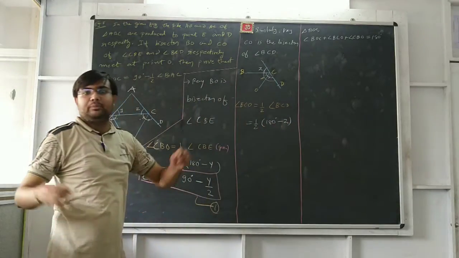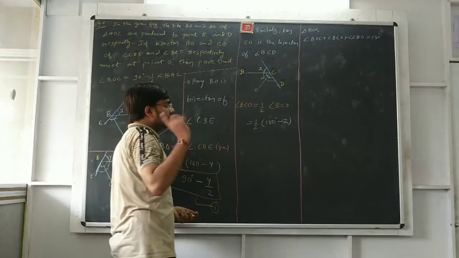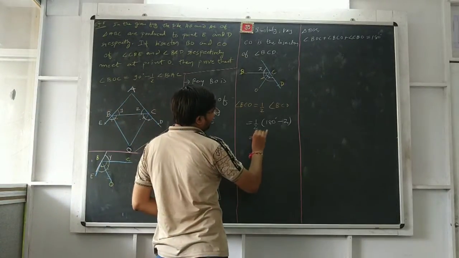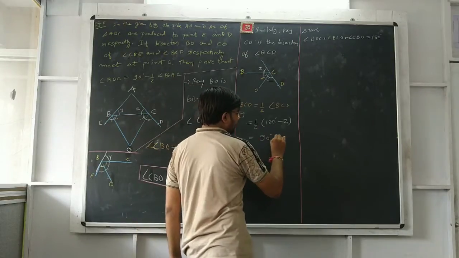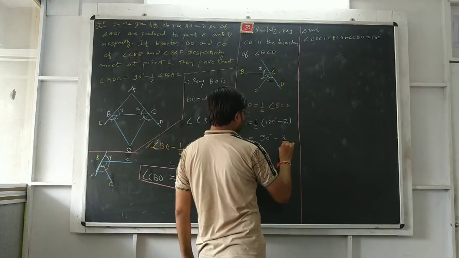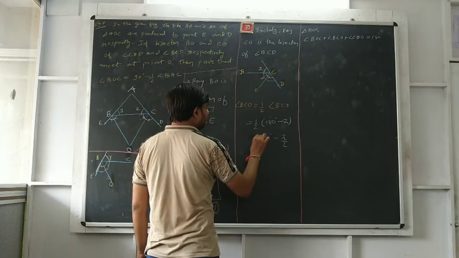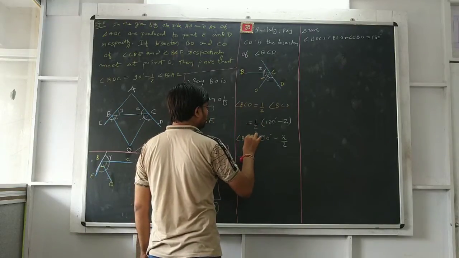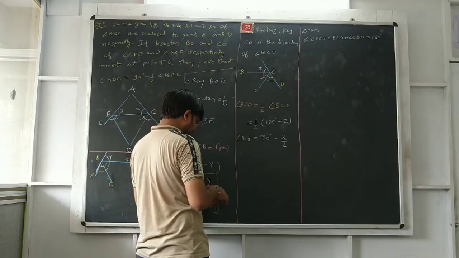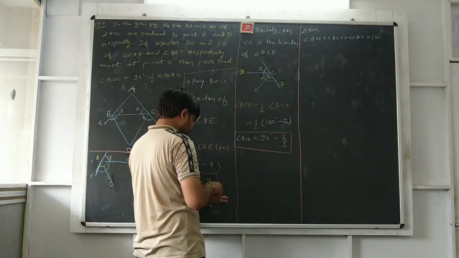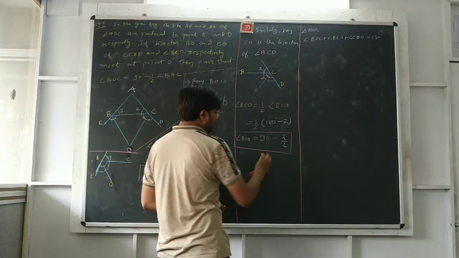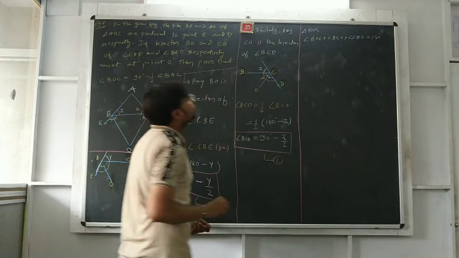We know about the linear pair of the angle. Half of the inner side, then 180 divided by 2 is 90 minus z by 2. It is the given angle BCO. So I can merge it, and this is our equation number 2.